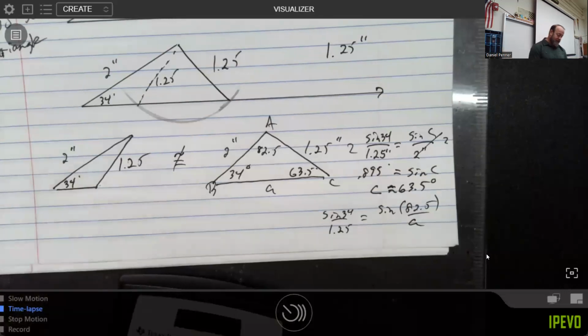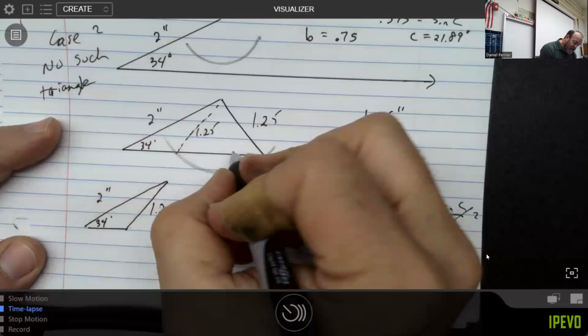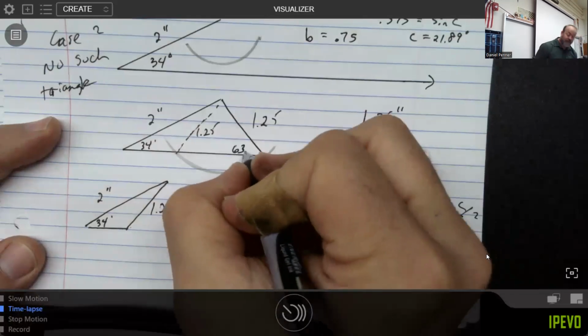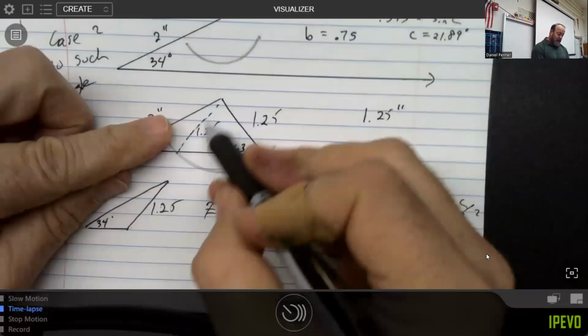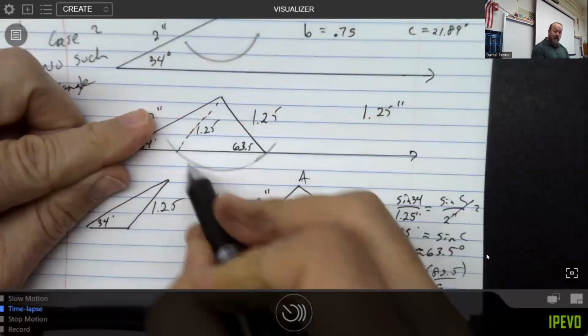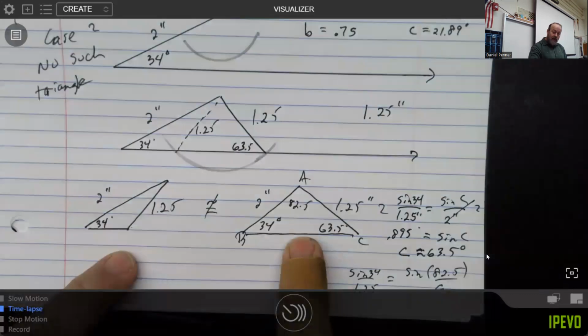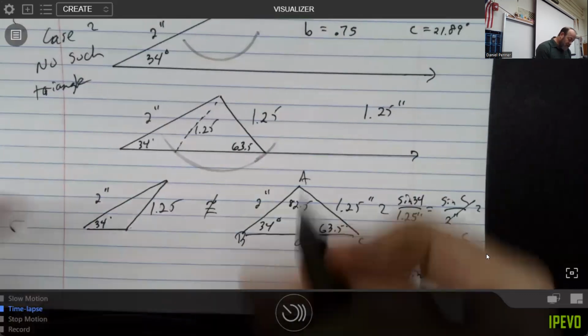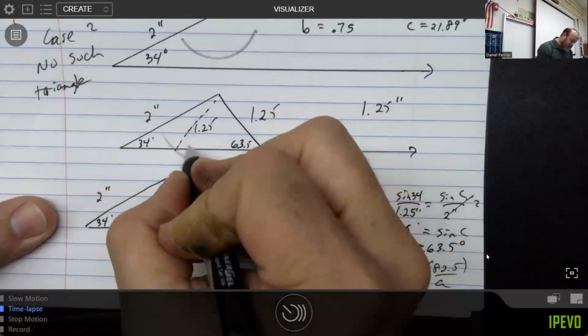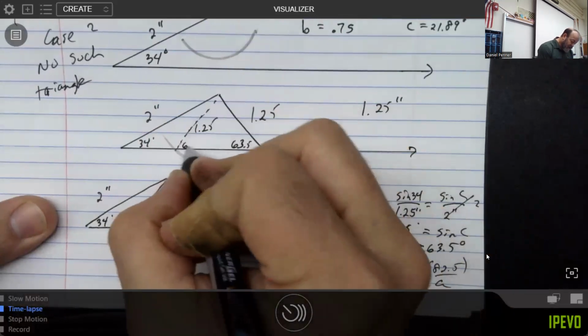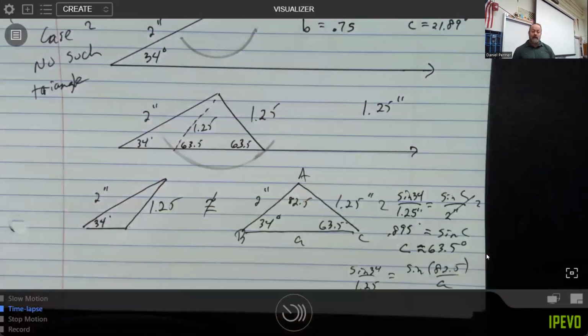Well, here's what happens. If this angle right here is 63.5, then if you look at this little triangle that's sitting inside my diagram that links these two together, this little triangle right here is isosceles. If this angle is 63.5, then so is that angle right there.